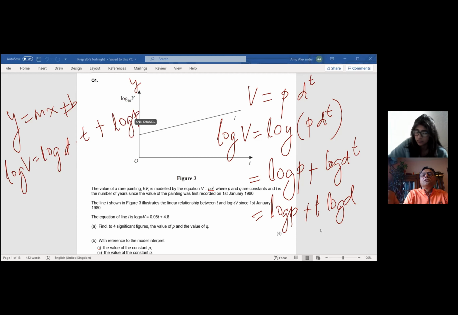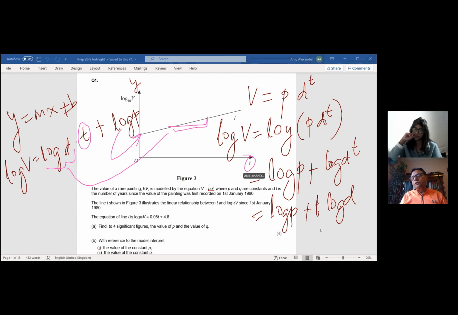You get the idea. So basically this is the log of p value, initial value. And this is the rate, rise over run, where time is the variable t. Do you understand this whole concept?